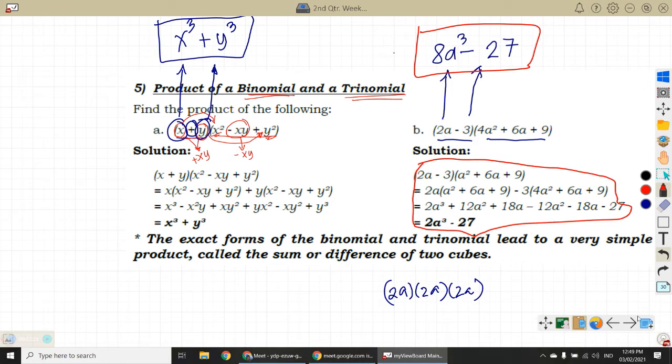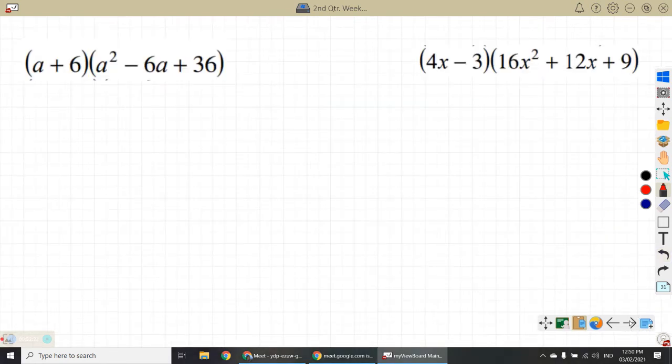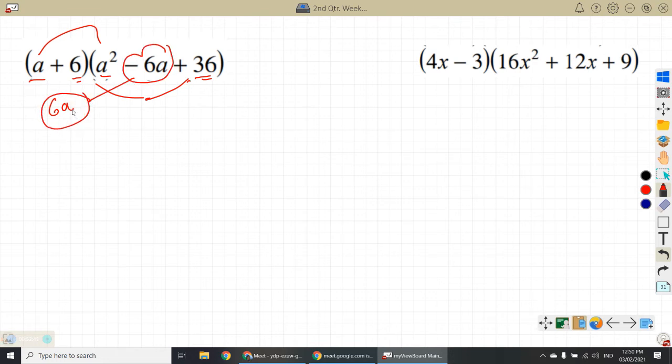Okay? Now, assuming we know the answer na this is na-inspect natin. So, inspect ko muna. A times A squared. 6 times 6, 36. Okay? And then we have 6a. Opposite ba siya ng negative 6a? Yes. Therefore, mag-cube ka na lang.